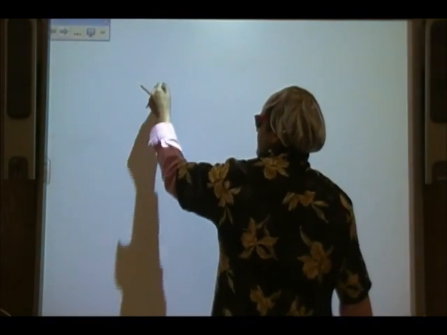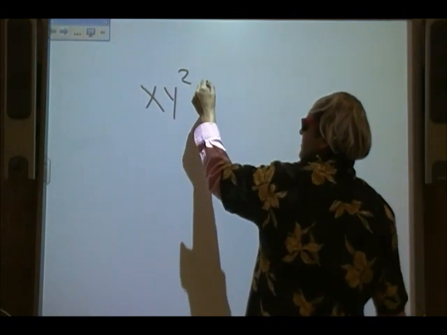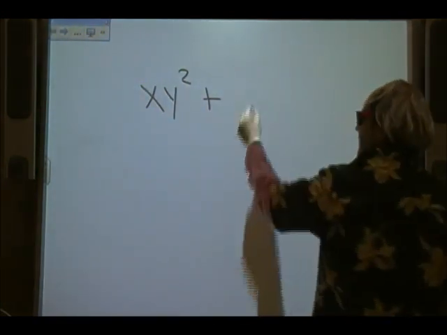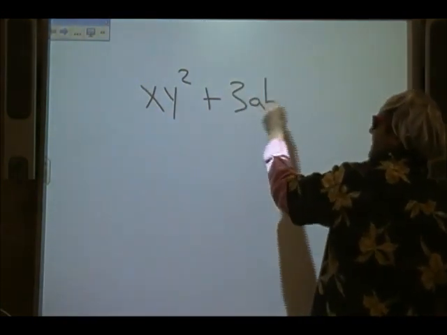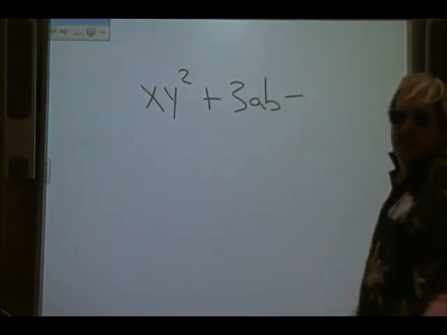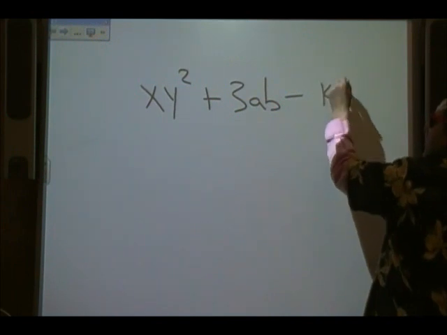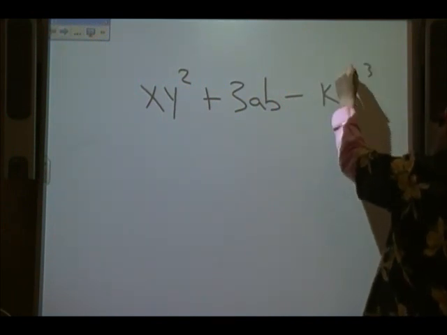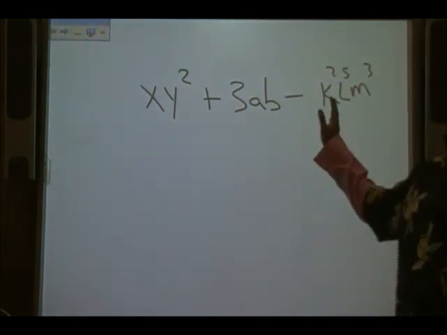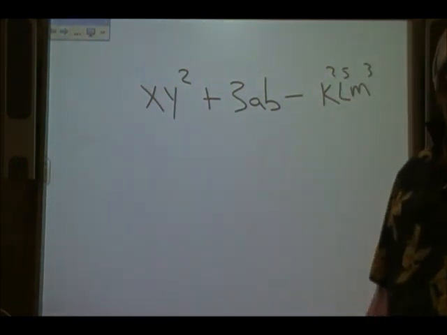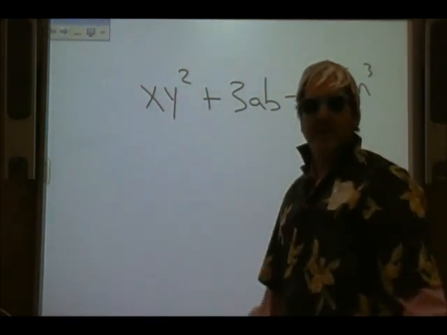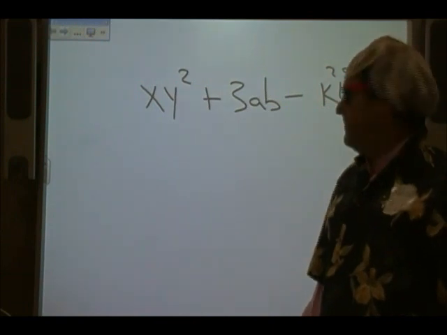You can take the x and the y and the squared, you can put a plus here, you can put 3ab, you can put a minus, you can put any of the letters that we discussed, from k, l, m, to the third, to the fifth, to the squared. You can do whatever you want. That is a polynomial.